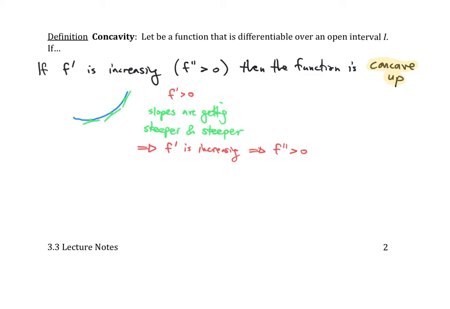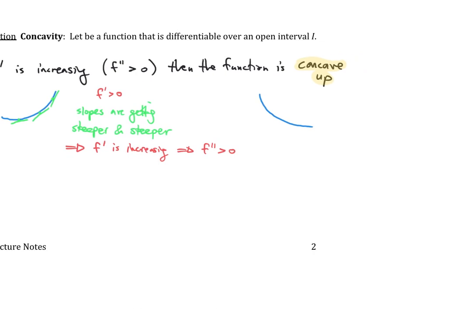Let's say that I look at this curve right here. If I look at this picture right here, what do I notice? Well, the first thing I would notice is that this function is decreasing.